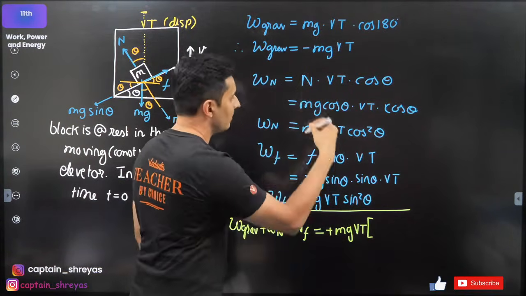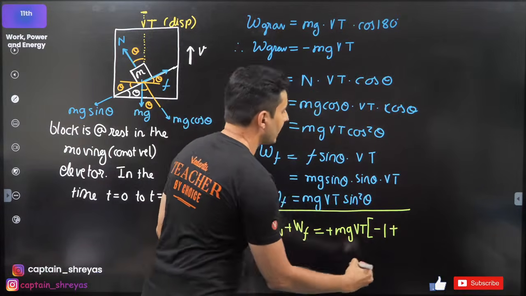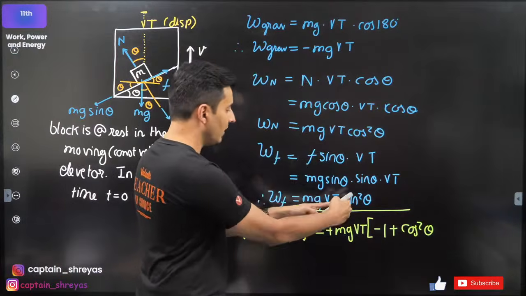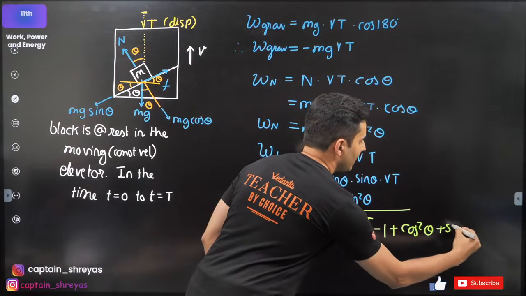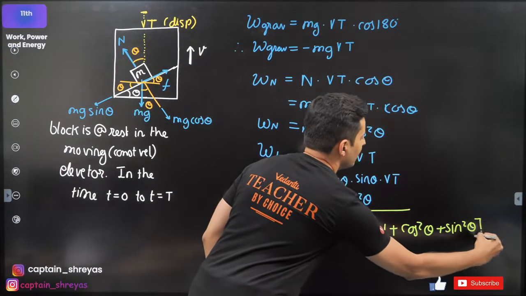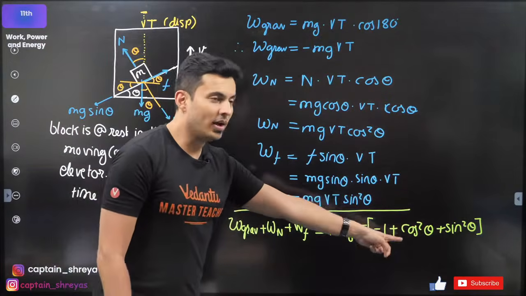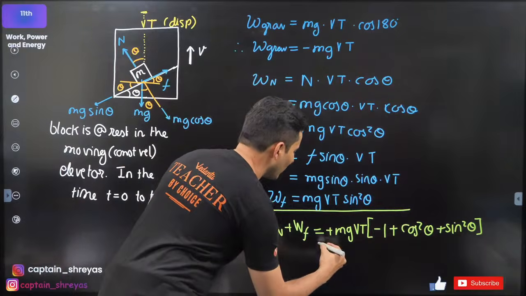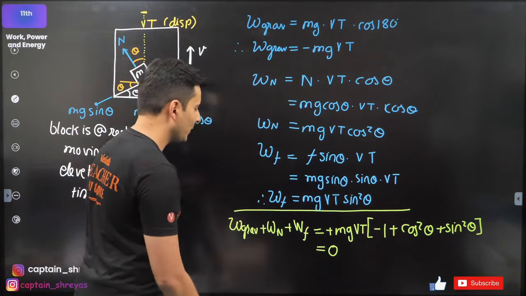The first term is minus 1. The second term is cos square theta. The third term is sin square theta. The beauty of this is cos square plus sin square is 1. 1 minus 1 is nothing but 0. So hence the answer is 0.